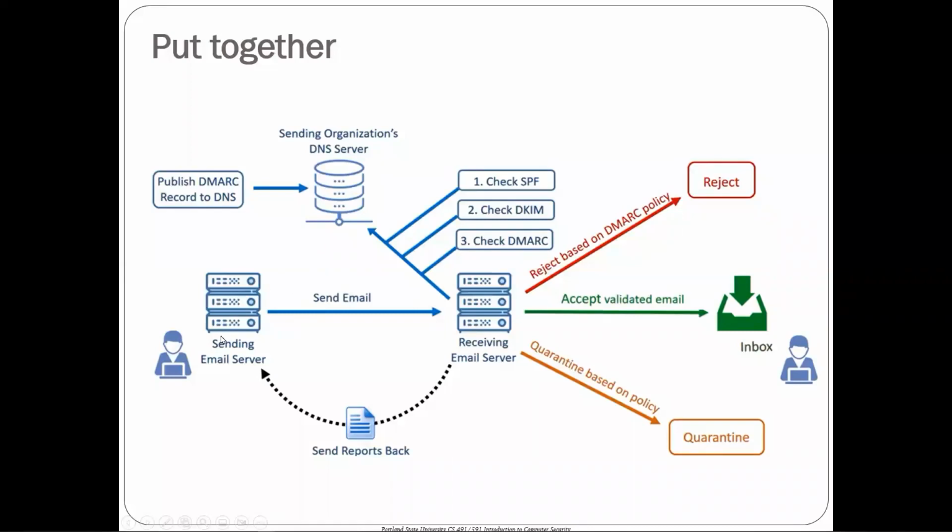And then the sender is going to send email, and then the recipient is going to check SPF, check DKIM, check DMARC, apply the policy, so reject, put it in the inbox or quarantine, and then send reports back to the sender. And that's how email is being secured in this day and age. You need to have these pieces in place to do this.